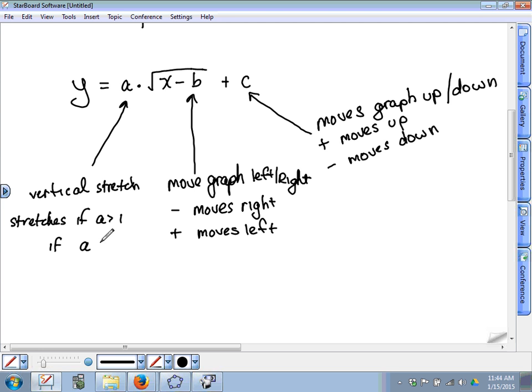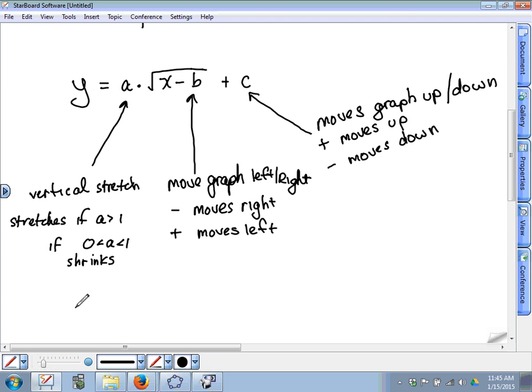If A is less than 1 but greater than 0, then it shrinks. If A is greater than 1, it stretches the graph out vertically. If A is between 0 and 1, like a fraction, 1/2, 2/5, then it shrinks the graph down.